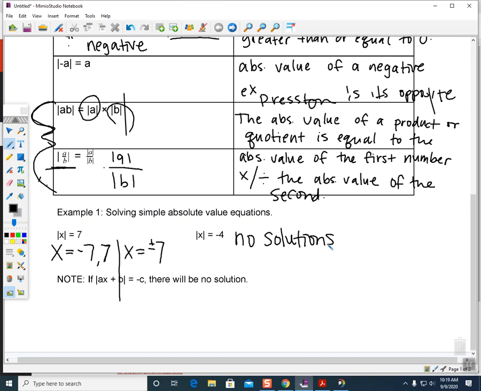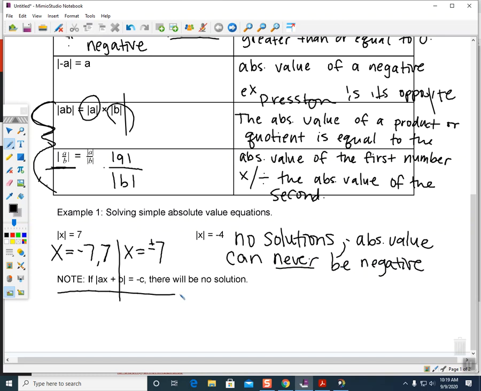The absolute value of x equals -4 is a no solution. Why? Because absolute value can never be negative. And I have a little reminder of that down here. If your equation has an absolute value on one side that equals a negative number, there will be no solution.